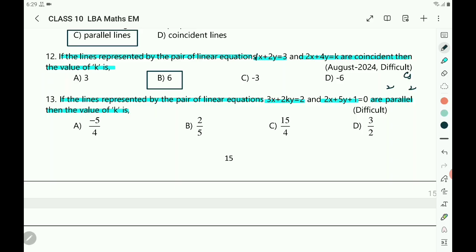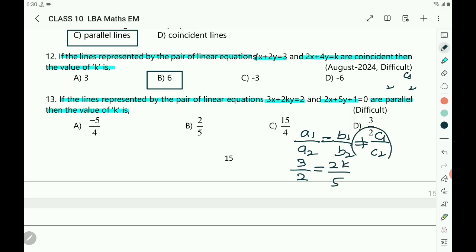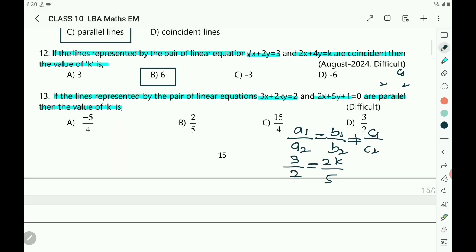So you take the relation a1 by a2 equals b1 by b2 not equals to c1 by c2. Here a1 by a2 is 3 by 2 equals 2k by 5, and no need of taking the last one because not equals to is there.